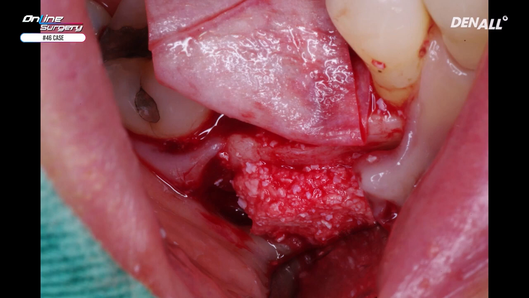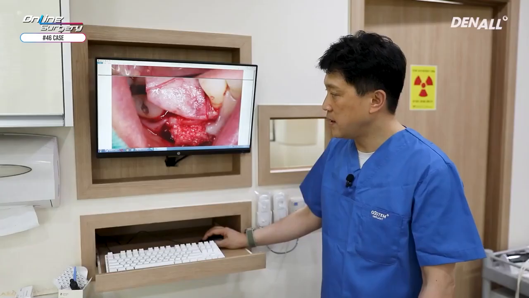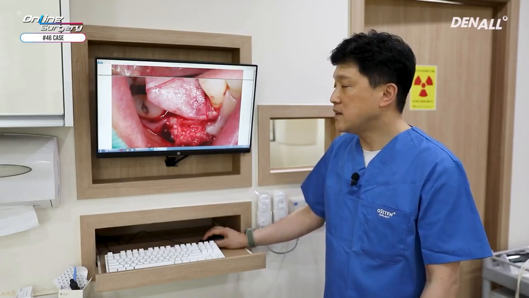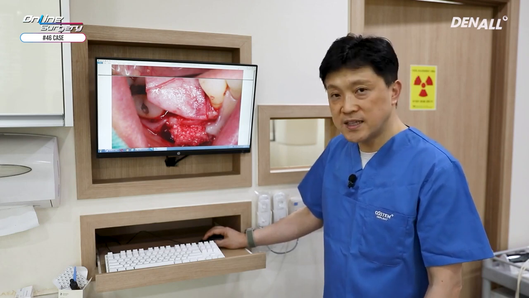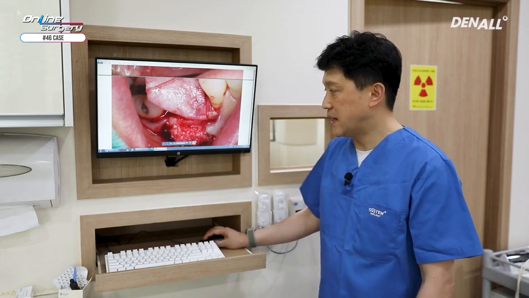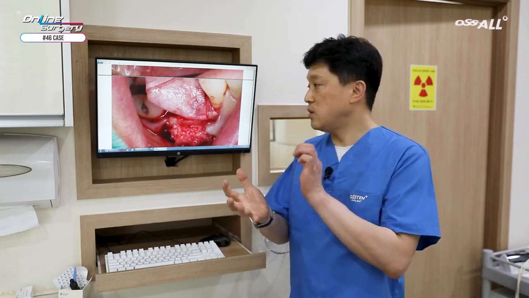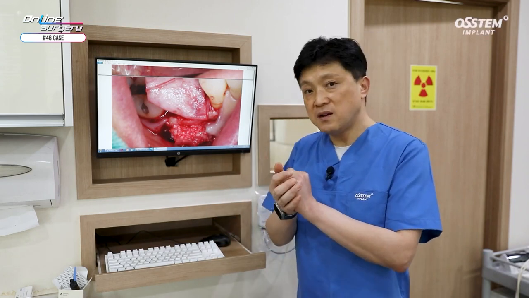AOS collagen was used for grafting, and AS collagen was used for external bone grafting because you can see there's lack of stability below. When graft materials are applied, it can be displaced following gravity.